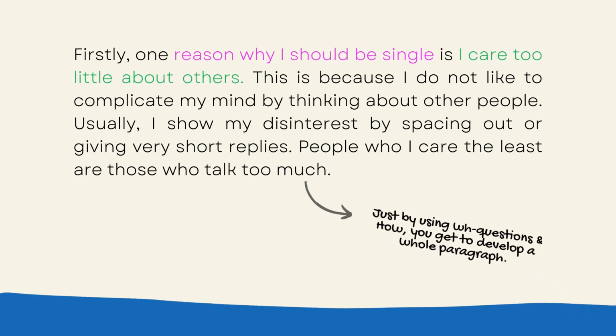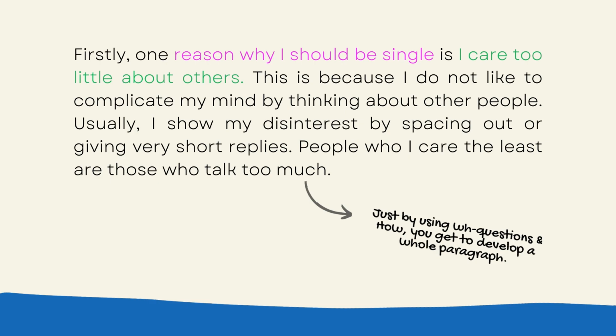This is an example of a paragraph. You start with a topic sentence. Firstly, one reason why I should be single is I care too little about others. Then, you use the WH questions and how in order to guide you into writing a full paragraph. So, you ask yourself questions first and then you answer those questions.